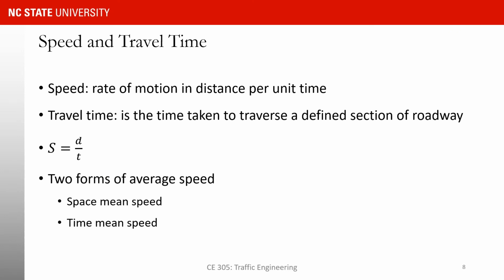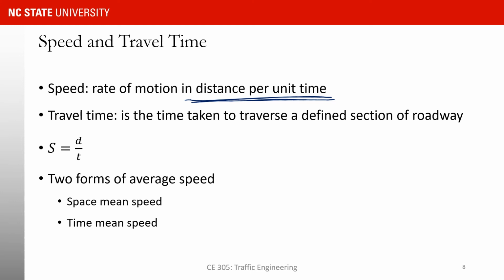So after flow, we want to talk about speed and travel time. So speed is something that we are all familiar with. It's the rate of motion, and its unit is distance per time.